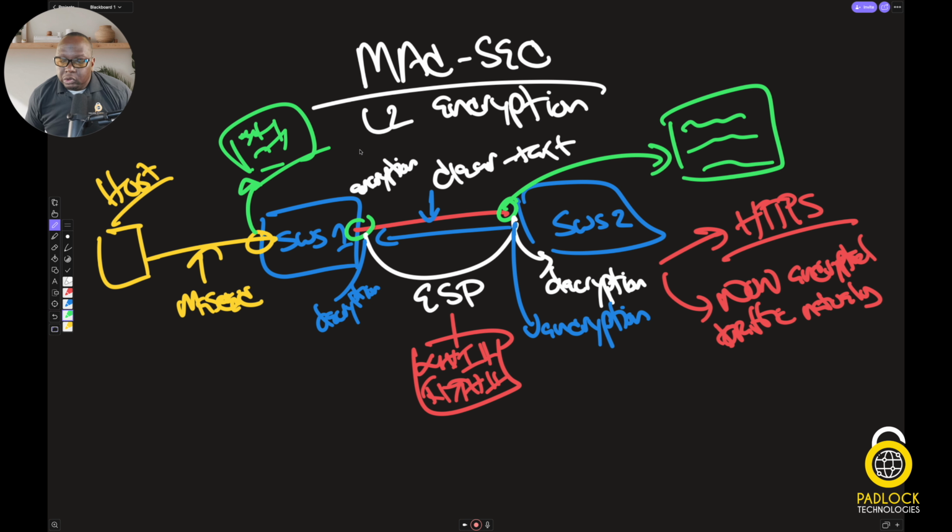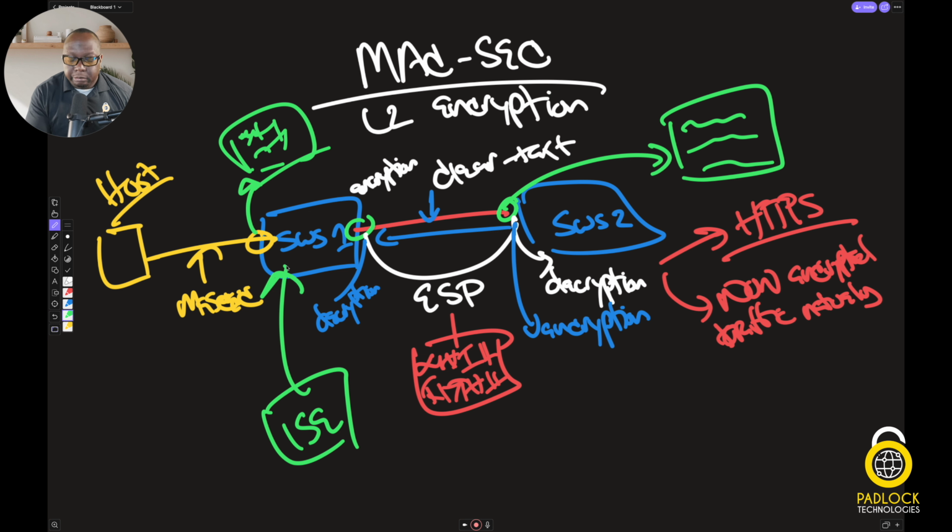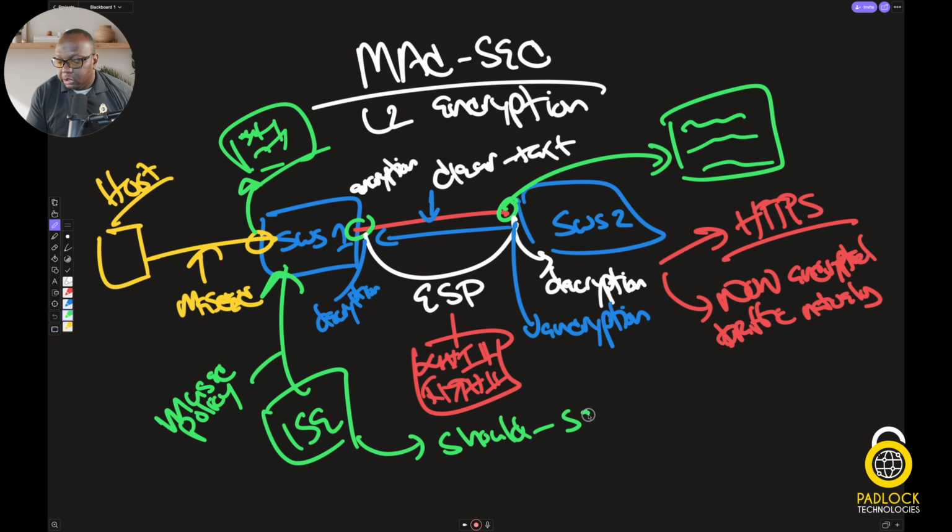Now, there are two ways you can do it. You can do it at the port level, or you can do something like 802.1X down here, and ICE can push a MACsec policy. ICE is not connected here; I'm just referencing it as something that's being pushed. And that MACsec policy is going to be "should secure."